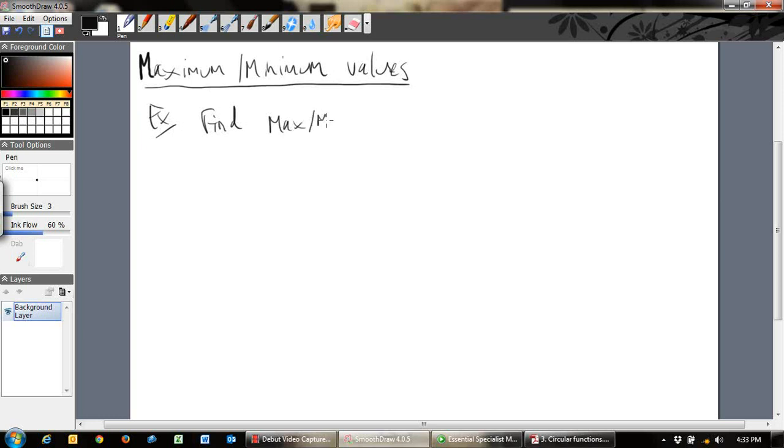Just before I start, I'll go straight into examples. Find the maximum and the minimum of, let's say, 3 plus cos theta. What we're trying to do is find the maximum and minimum of this expression. What's the biggest that cos theta can be?